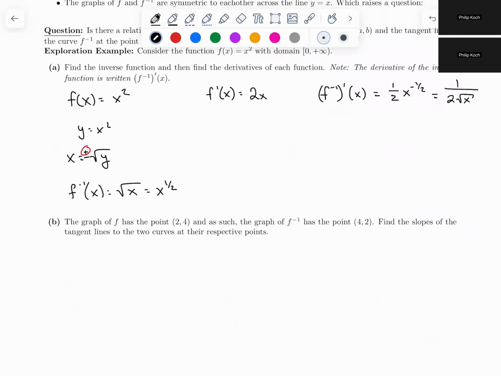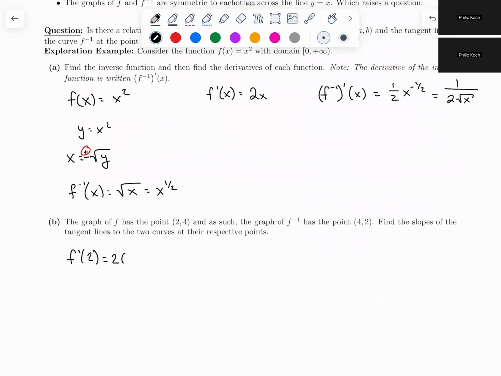And then some mathematician, don't know who, was like, well, let's just pick a point. So the graph of the function f has the point 2 comma 4, and the graph of the inverse function has the point 4 comma 2. So I want to find the tangent lines at their respective points. f prime of 2 would be the slope of the tangent line to f at 2 comma 4.